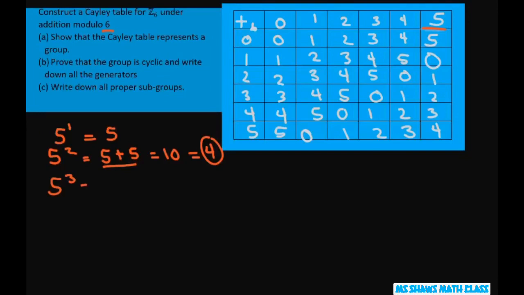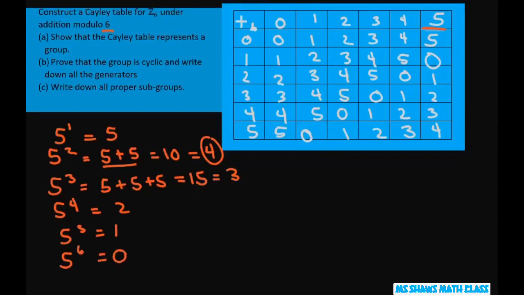5 cubed would be 5 plus 5 plus 5, which is 15. Divide that by 6, and the remainder is 3. And so forth. You'll come down here and get to 5 to the 6th equals 0, which equals your identity element.